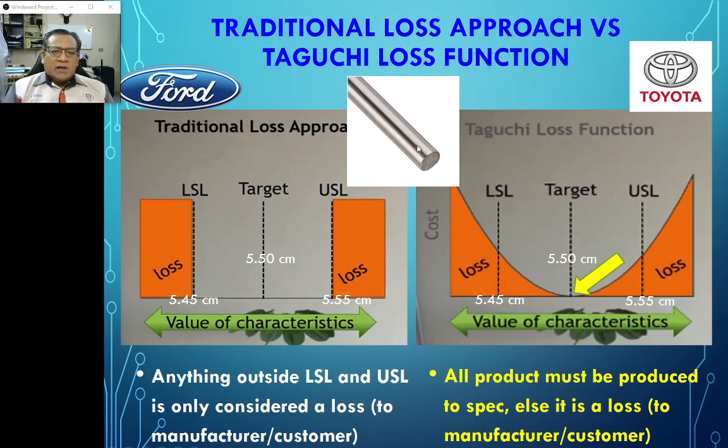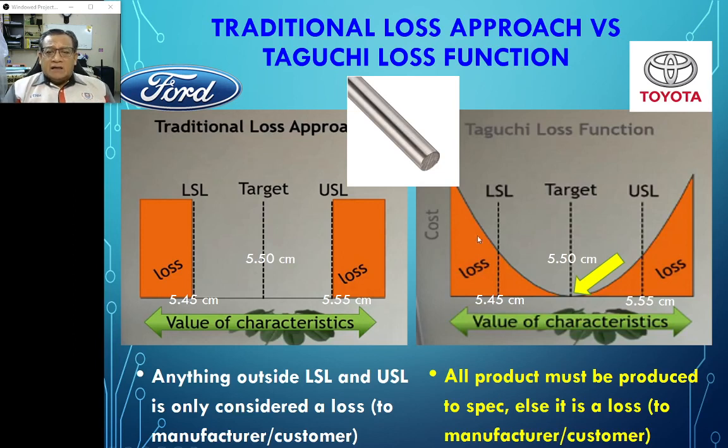This iron rod will fit into the housing of the equipment with some looseness. There is a wobble, or a kind of shaking, between the iron rod and its housing because it is produced smaller. Dr. Taguchi thought that situation is a loss for the customer, because this vibration and looseness will affect the performance in the long range.